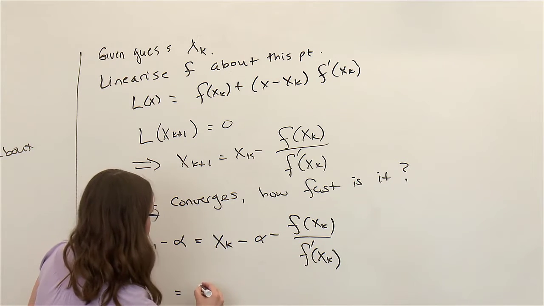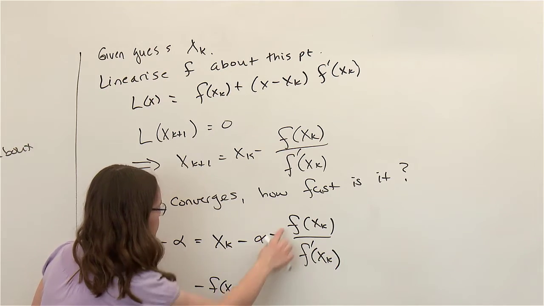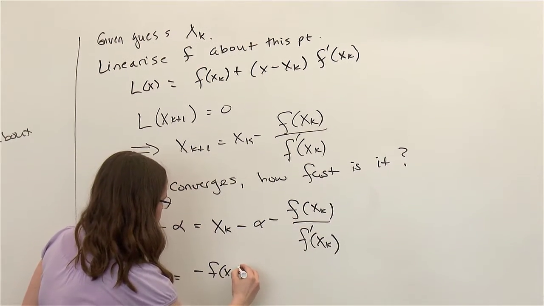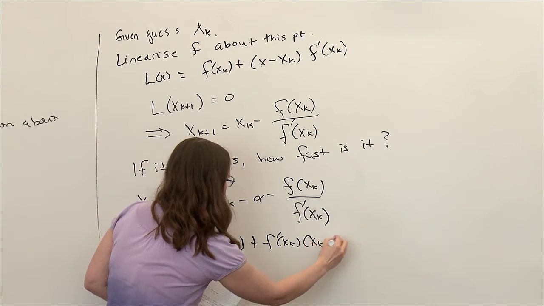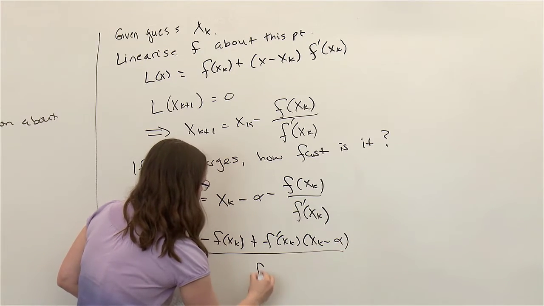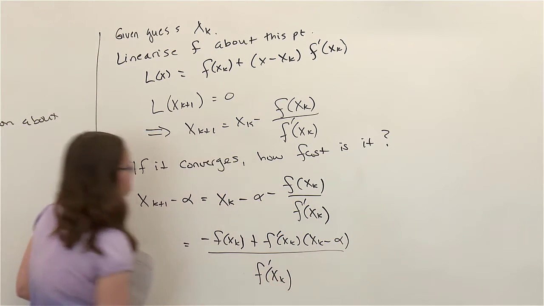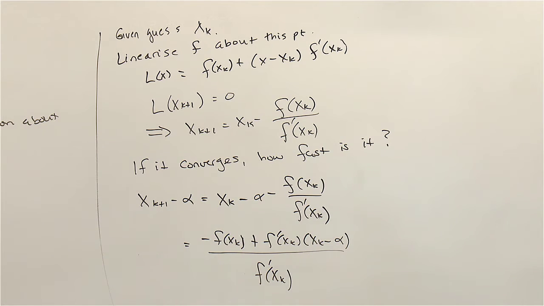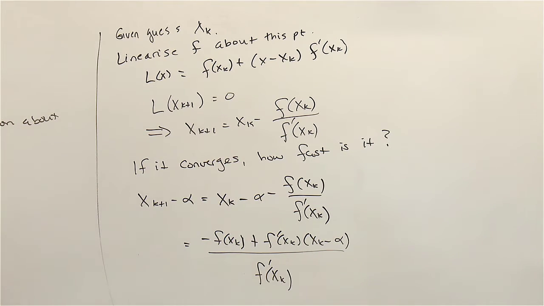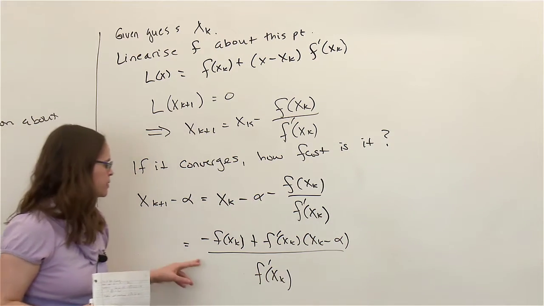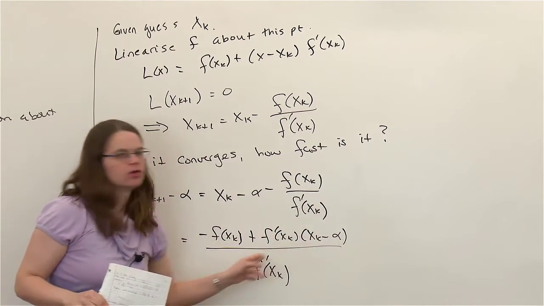I get minus f of xk. So that's this term. Then plus f prime xk, xk minus alpha, divided by f prime of xk. Now what does the numerator look like, or almost look like?